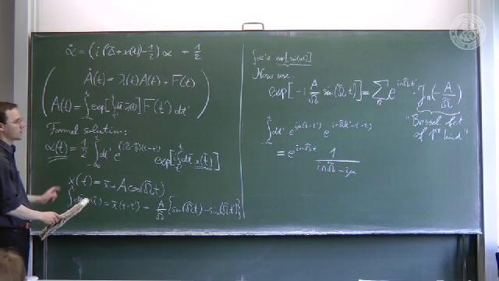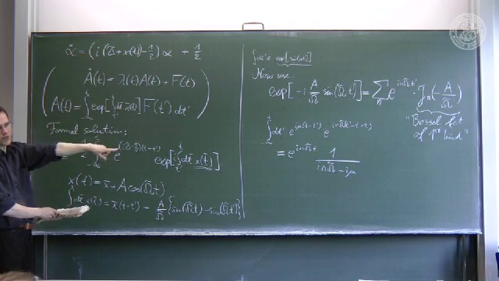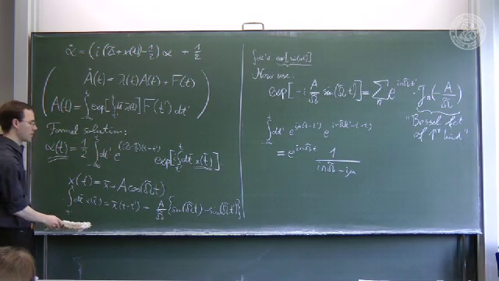Okay, so now you see in the end we will get a Fourier series. The Fourier coefficients are essentially already there. These are the Bessel functions and this 1 over this ratio there.